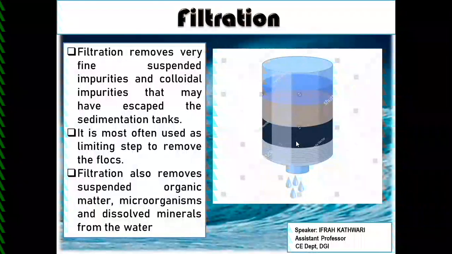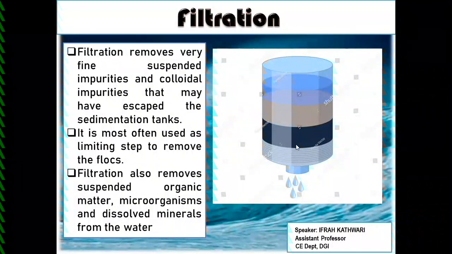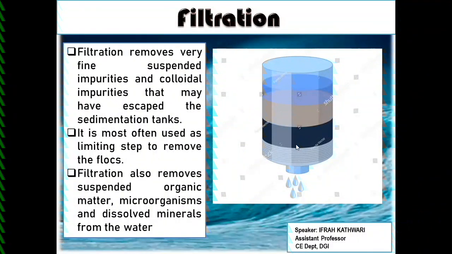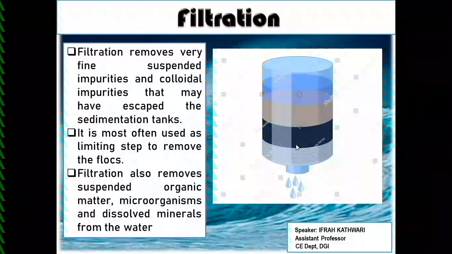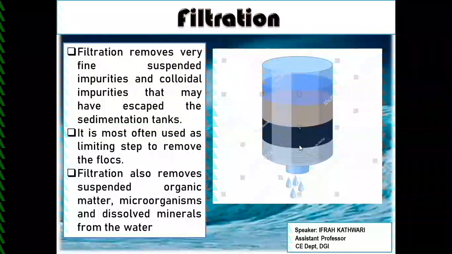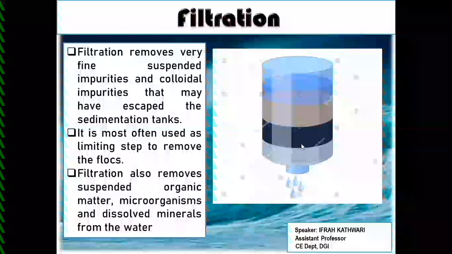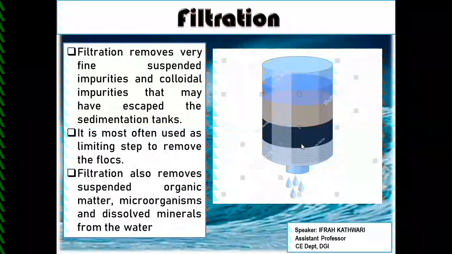The filtration process is meant for this, wherein we remove the rest of the impurities to the maximum. This is the limiting step where the microorganisms, organic matter, suspended impurities, colloidal impurities, and any flocks that may be present are removed.